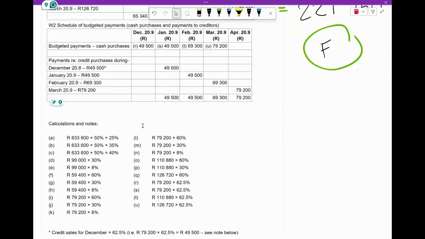So how then do we calculate what was bought in that month? What was sold? In other words, our sales, 100%. So we then need to go to the sales and say, okay, for January, what were our sales? And this is why they gave us the sales also for December, isn't it?